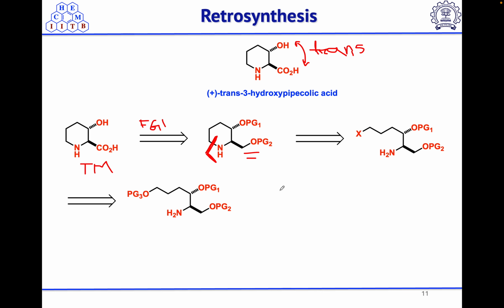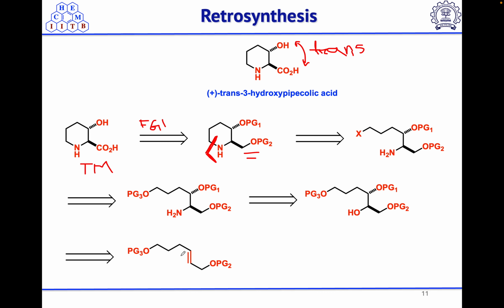Now this molecule we could get from this compound, which is basically an alcohol to amine functional group transformation. This secondary alcohol we could get from this olefin via dihydroxylation. Dihydroxylation of this olefin will give this compound. Now how could we get this olefin?